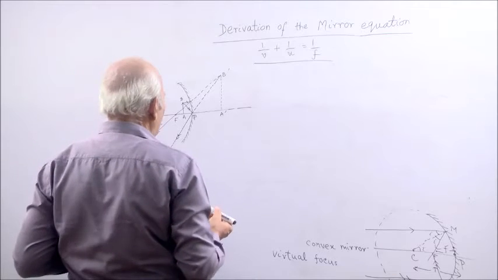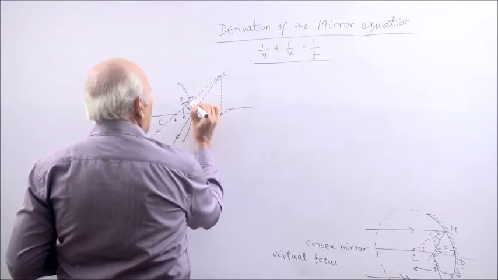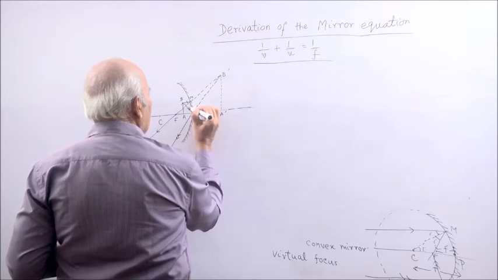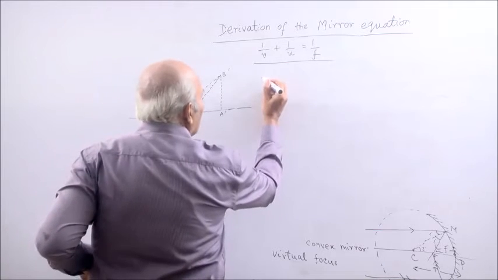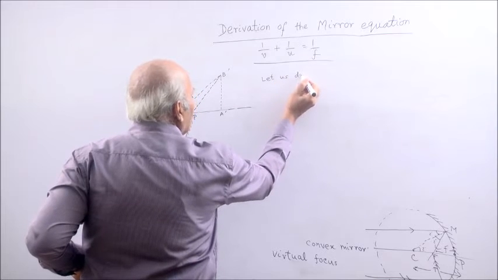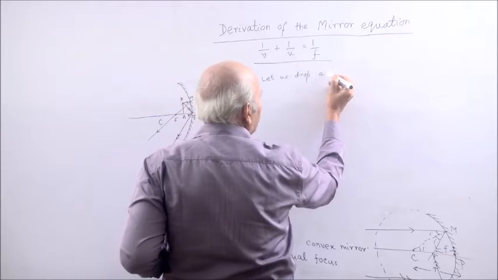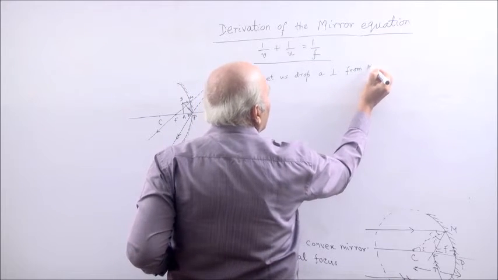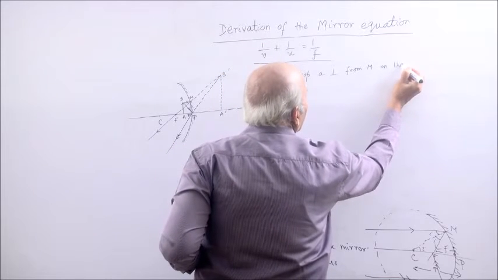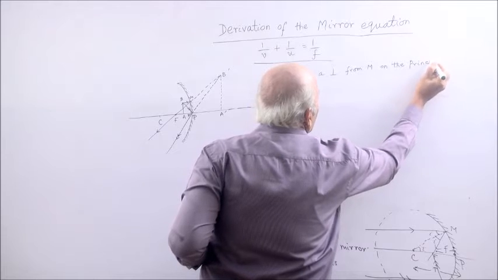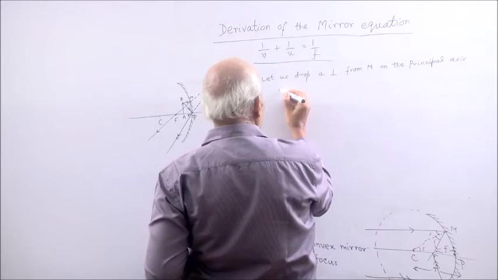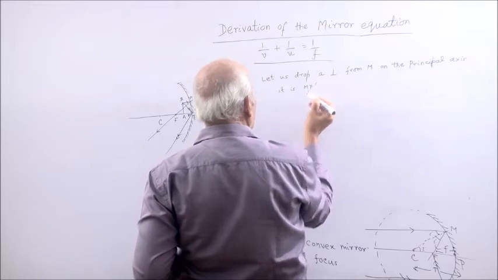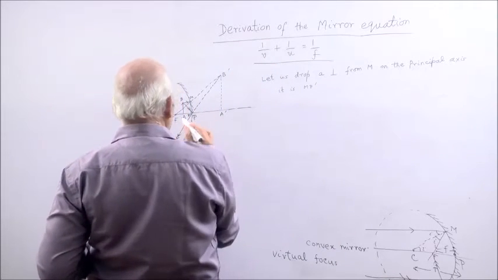Then you can see from this diagram, let us make it M, and you can drop a perpendicular from M on the principal axis, which is almost at P, but let us say it is P dash. So it is MP dash.